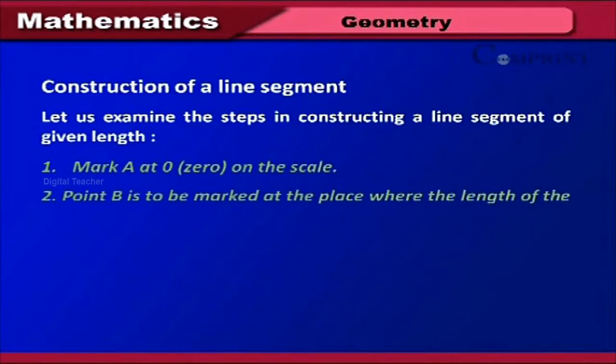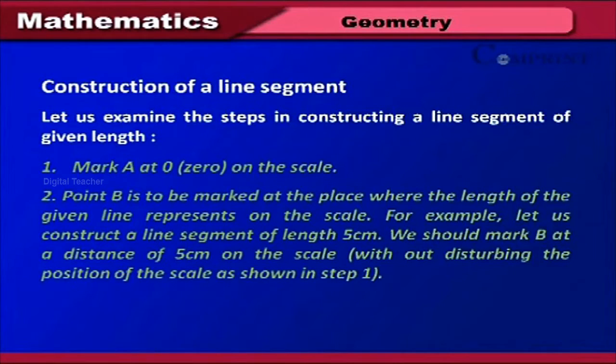Constructions. Construction of a line segment. Let us examine the steps in constructing a line segment of given length. 1. Mark A at 0 on the scale. 2. Point B is to be marked at the place where the length of the given line is represented on the scale. For example, let us construct a line segment of length 5 cm.